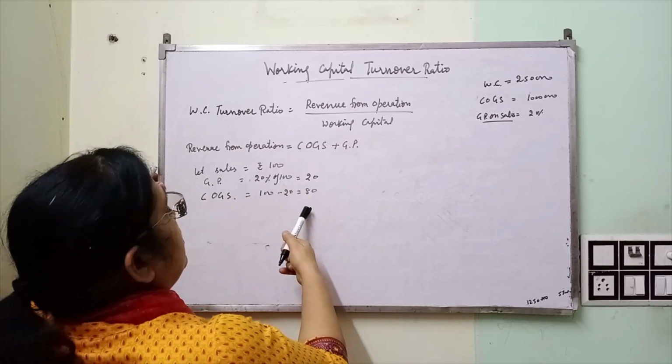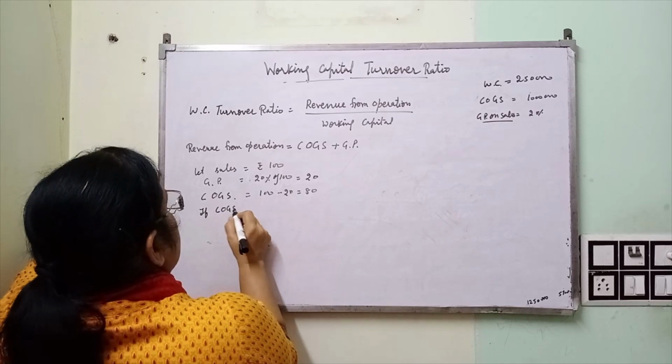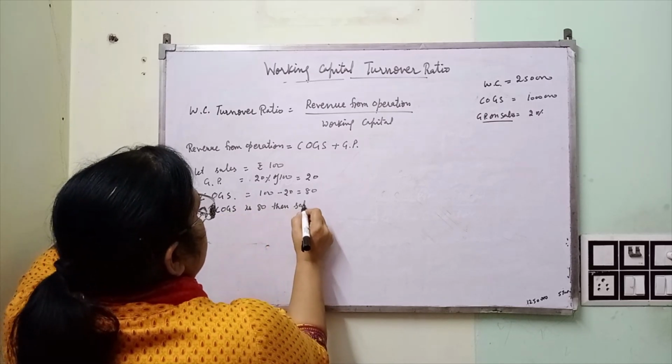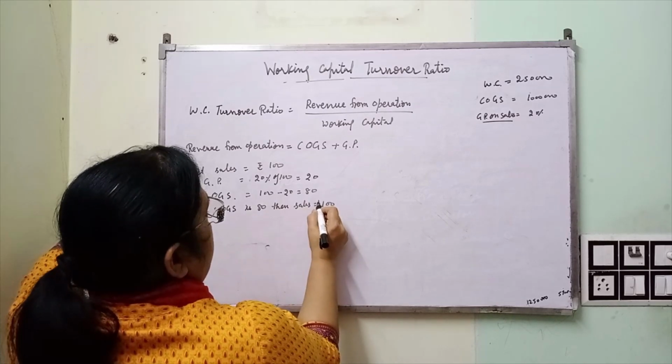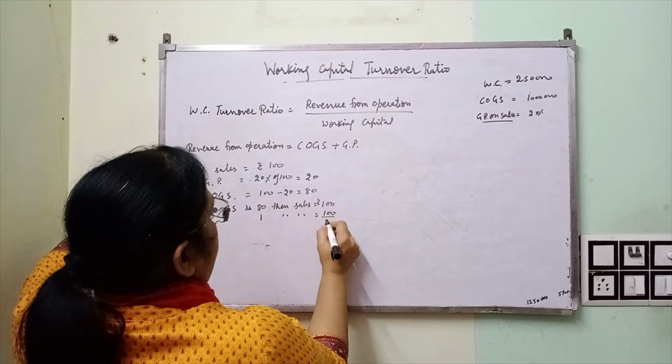Now we can put the amount in statement. If COGS is 80, then sales is 100. Clear? If it is 1, then sales is 100 upon 80.